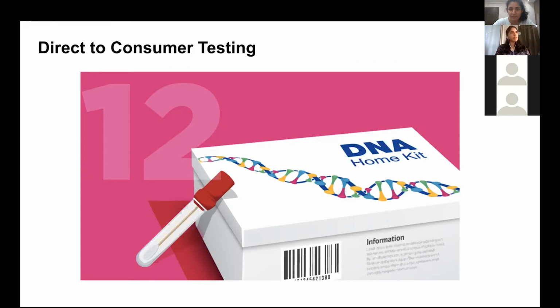So you can sign up, you can purchase their kit, and they will send you this box with like this picture that I've shown, like a small tube, a swab, and a few other things. What they want you to do is give a little bit of your saliva, and swab your inner cheek, get some cells from there and put it in this tube and ship it off to them, right?